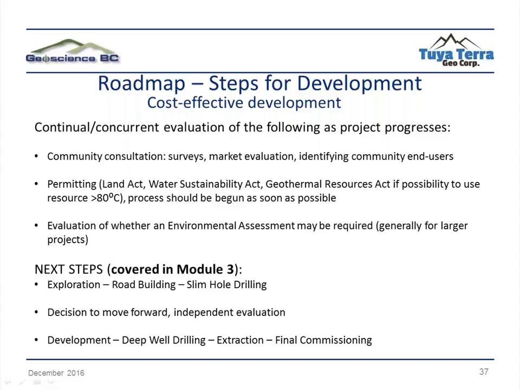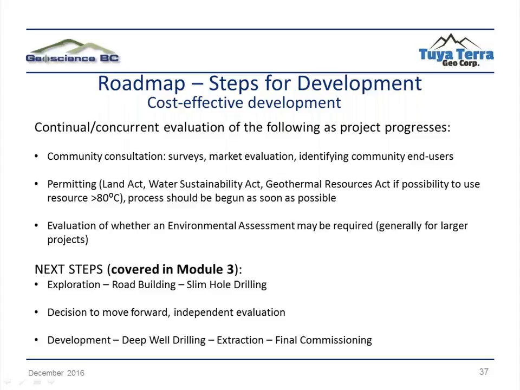As the project progresses, there's continual and concurrent evaluation of several different aspects. These include permitting. As the project is being developed, you may need to modify your permits, resubmit them, things like that. You also need to evaluate whether or not an environmental assessment may be required, and you really need to be involving the community at every step of the development of the project.